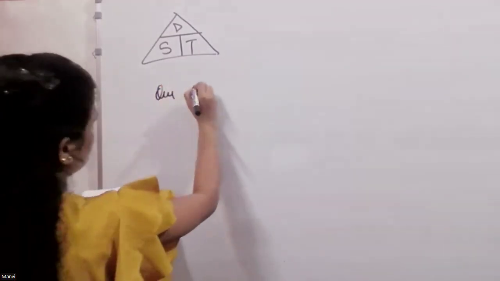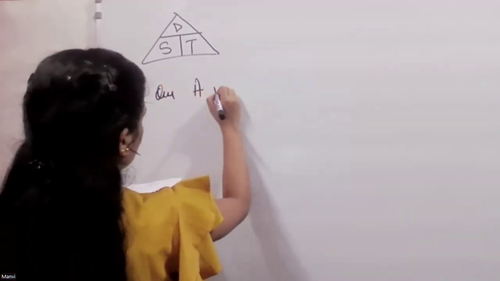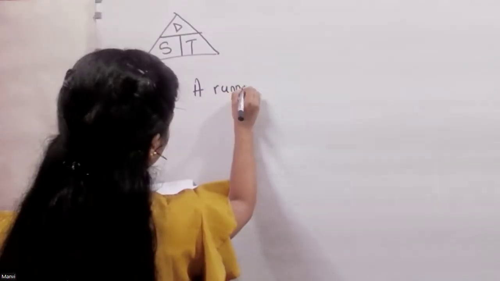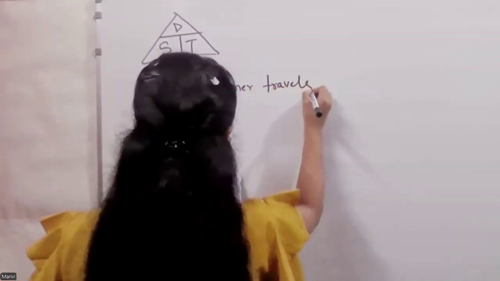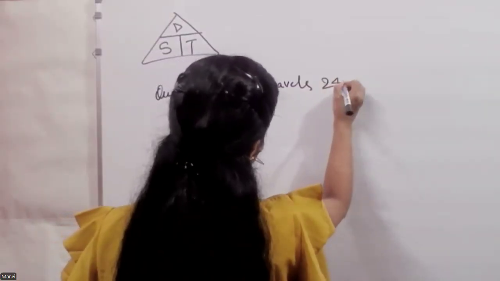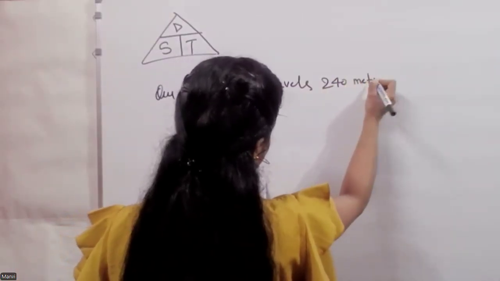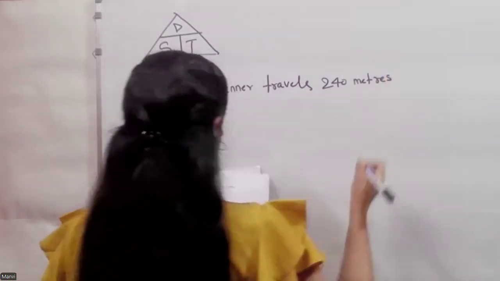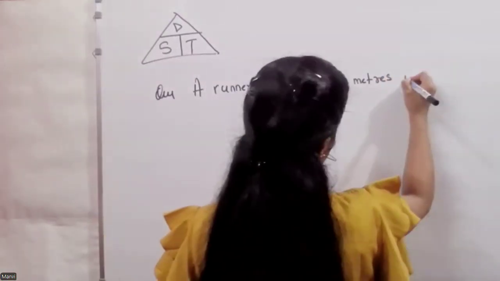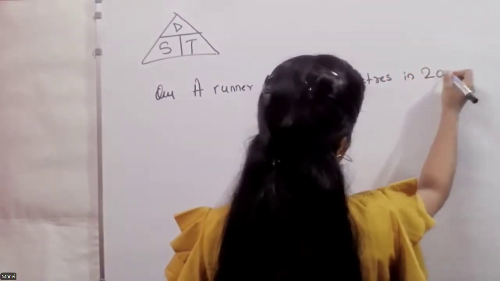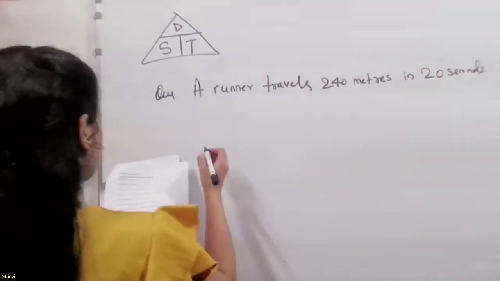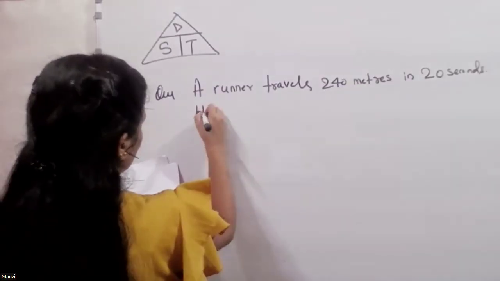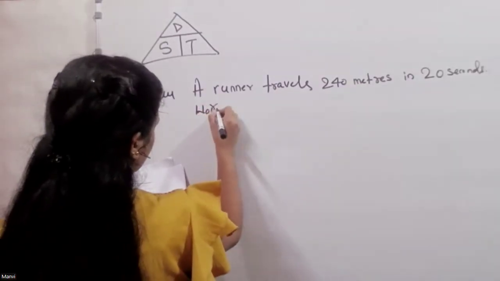Question is, a runner travels 240 meter in 20 seconds. Yeah. And so you just need to work out. Very good.